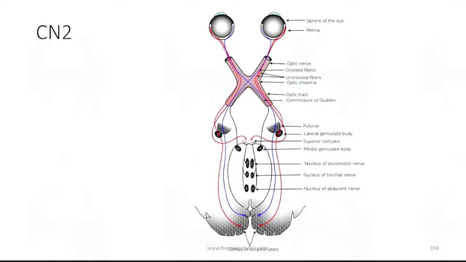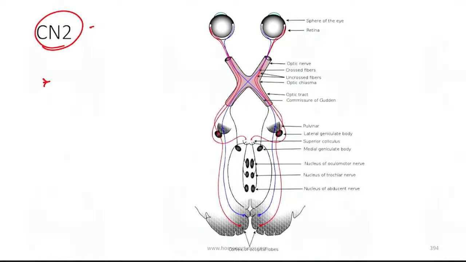So this optic nerve is considered to be a part of the central nervous system, even though it is a cranial nerve. The other important feature of cranial nerve number 2 is that it is covered by the cranial meninges.